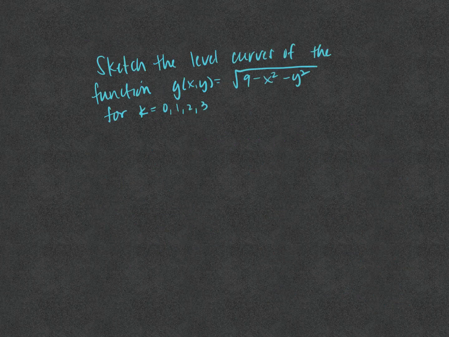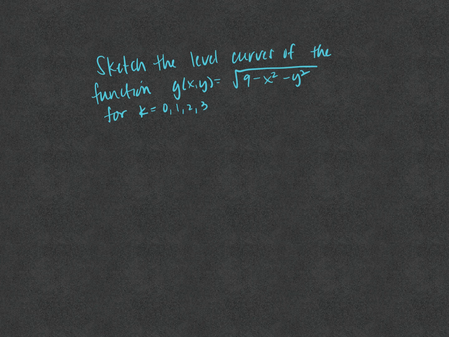Let's try another one. Okay, so we're supposed to sketch the level curves of the function g of xy equals the square root of 9 minus x squared minus y squared for k equals 0, 1, 2, and 3. Now, we already know this function is a half a sphere, but now we're doing the level curves.